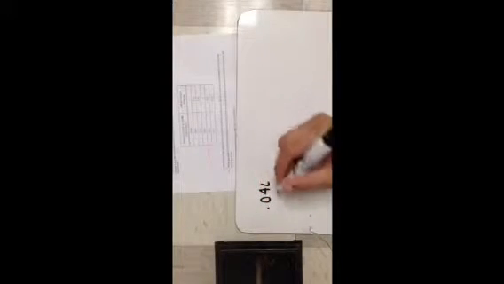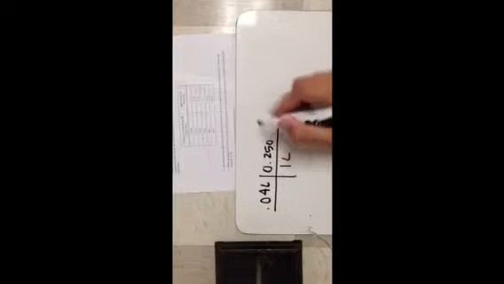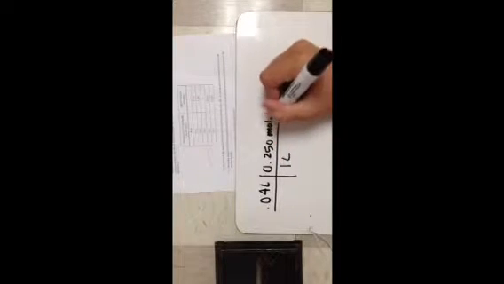0.04 liters, 1 liter, and then into moles of NaOH, 0.250 moles of NaOH. We got this because it was given in our equation above.